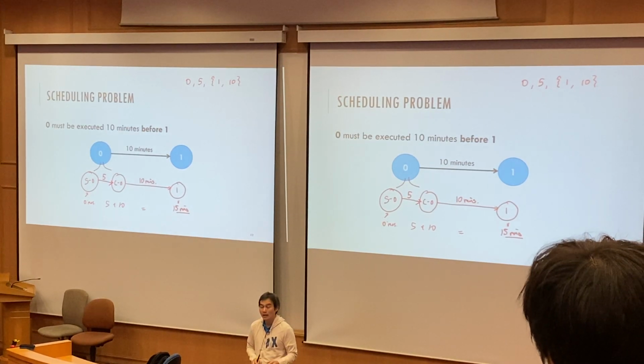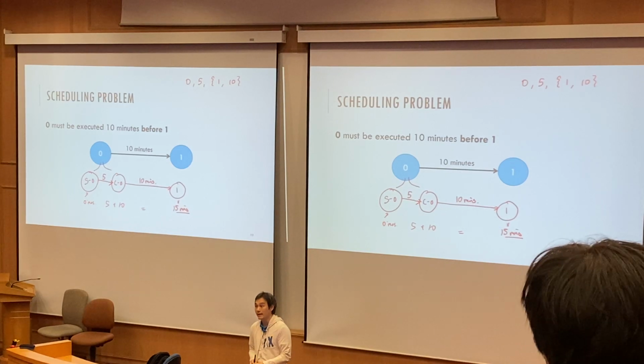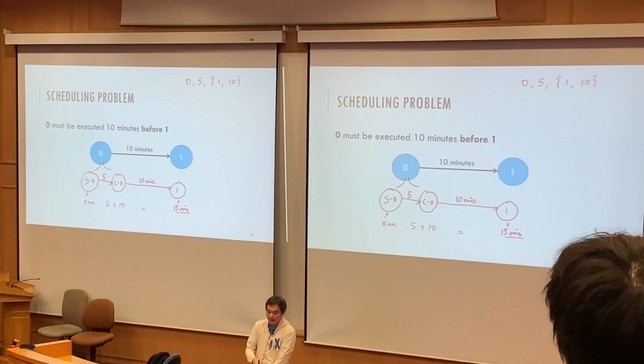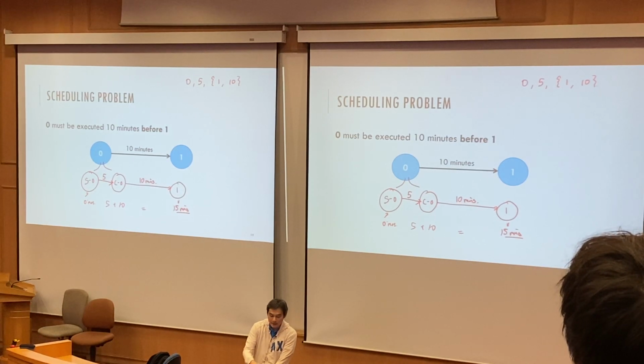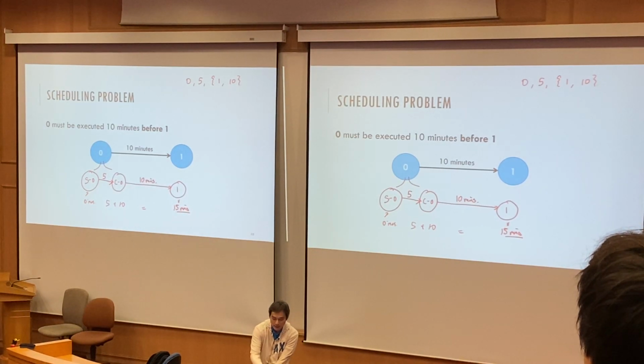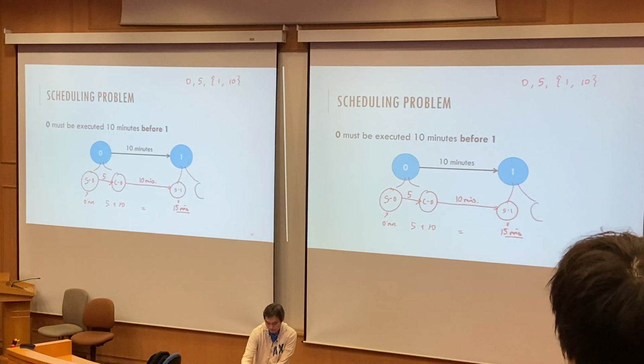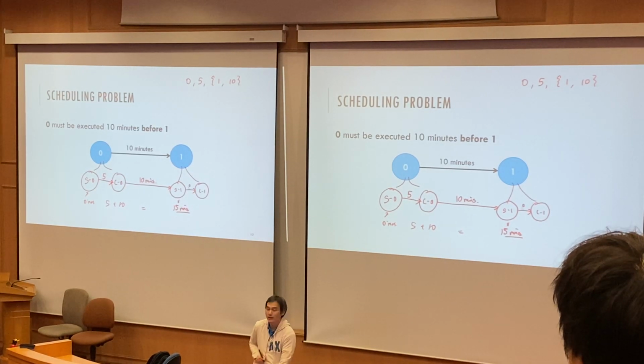Now I'm going to generalize it to the more complicated case. I'm going to repeat this process again and again, where I expand out every node into 2 parts. And if it's 0, it doesn't take any time.